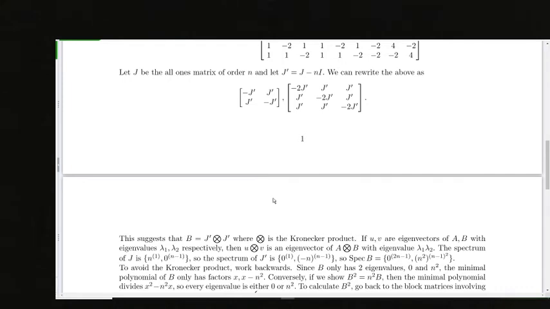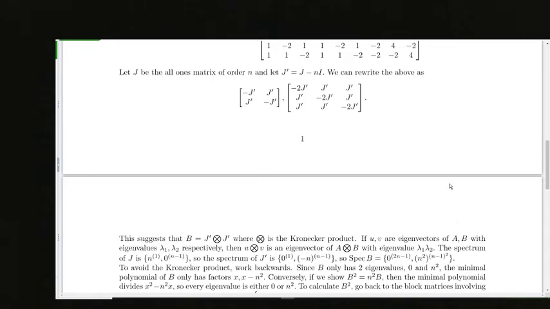But once we have this, the rest of the problem is quite easy, because if U, V are eigenvectors of A, B, with eigenvalues lambda 1, lambda 2, then U cross V is an eigenvector of A cross B with eigenvalue lambda 1 times lambda 2.